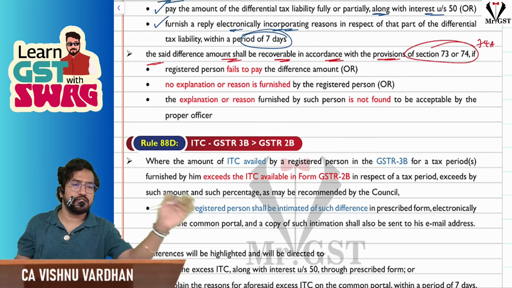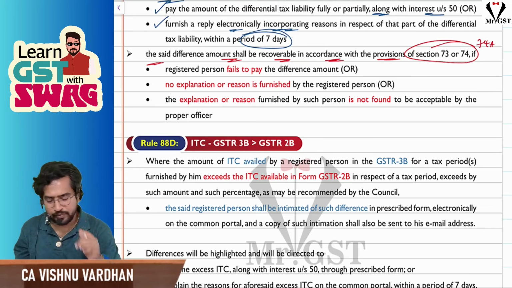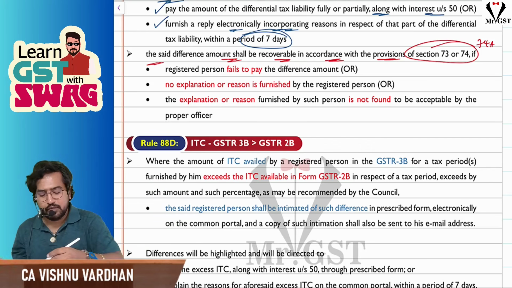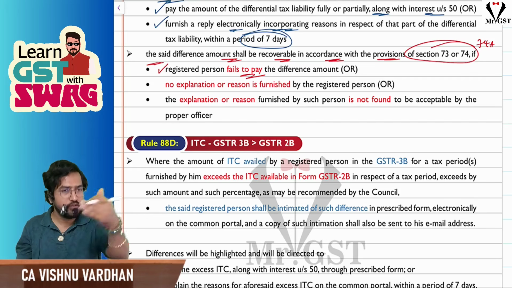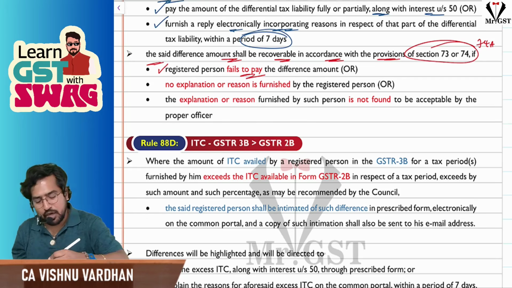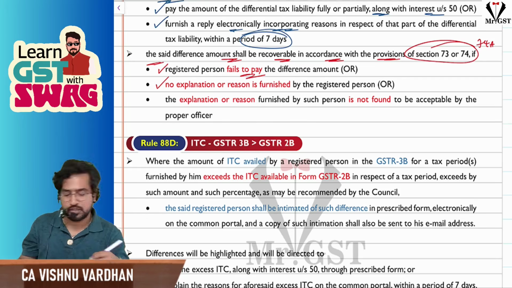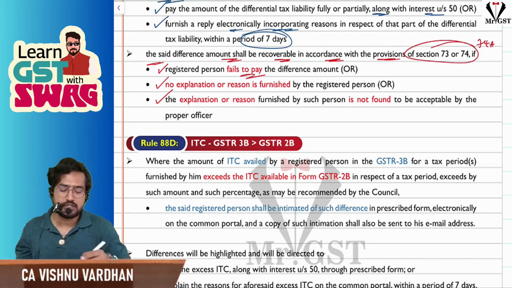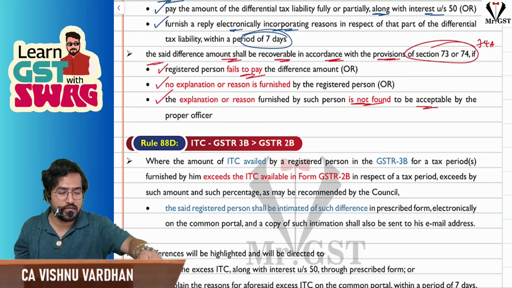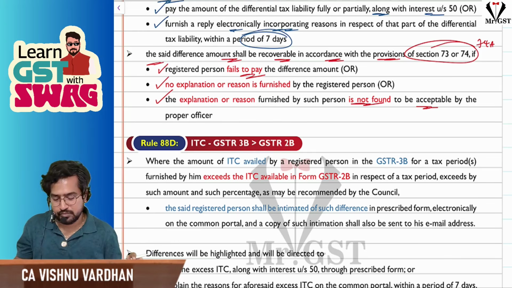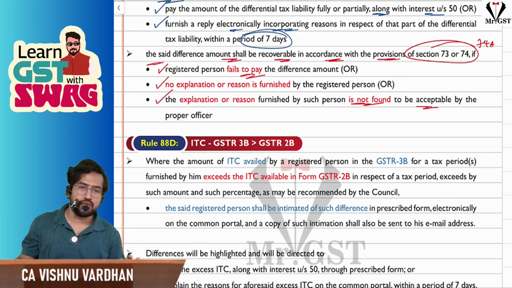Wherever you see 73, 74, automatically put 74A. If the registered person fails to pay the difference amount, we will start the recovery procedure, or if no explanation or reason is furnished, or the explanation furnished is not found acceptable by the proper officer. Am I clear? Then this is the story.